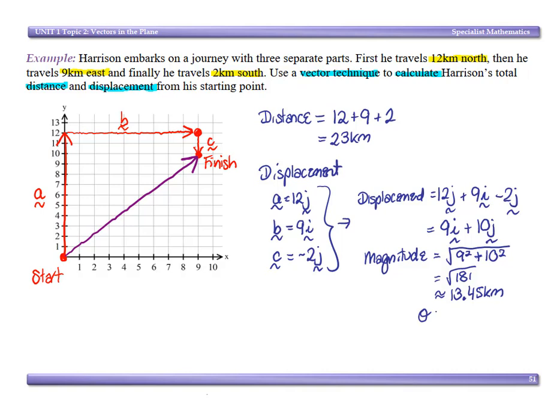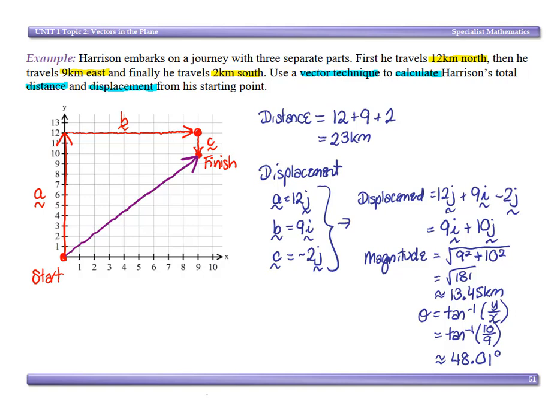Now my angle is going to be inverse tan of my y over my x, opposite over adjacent, which is inverse tan of 10 over 9, which is approximately 48.01 degrees.